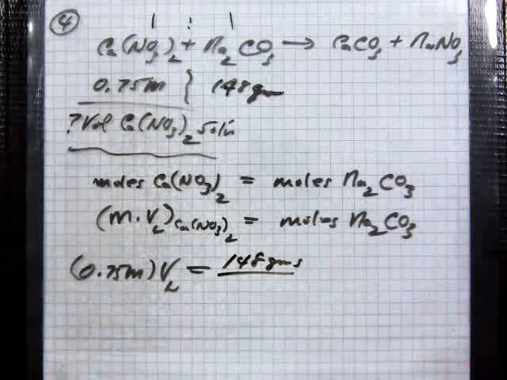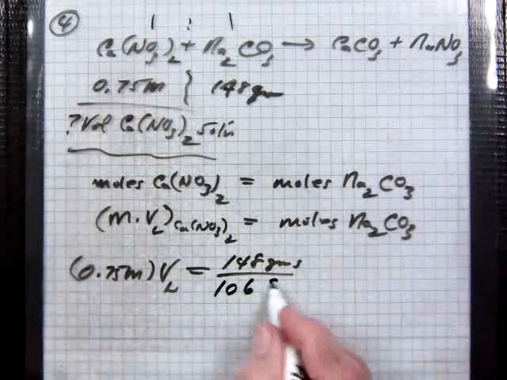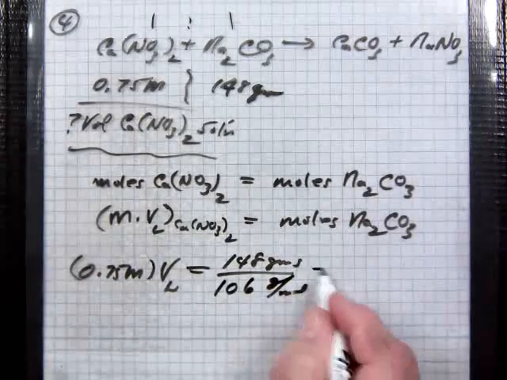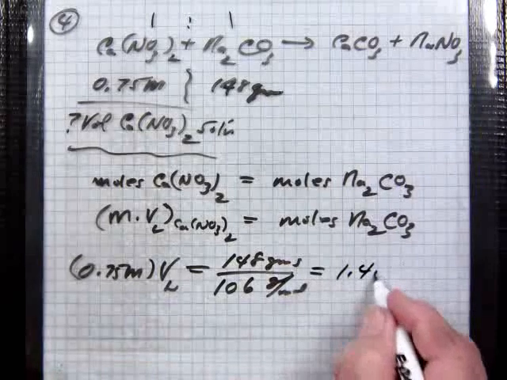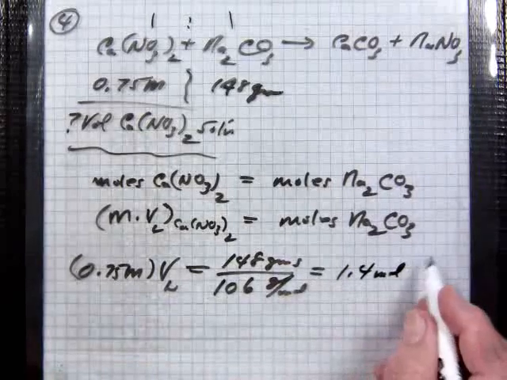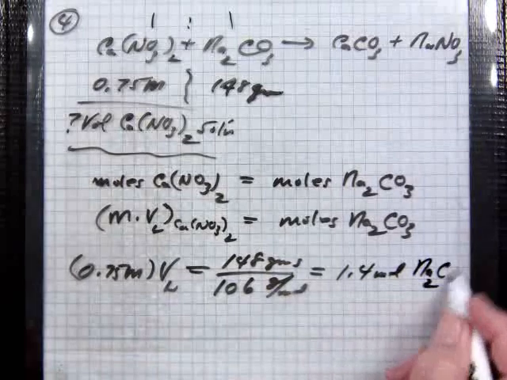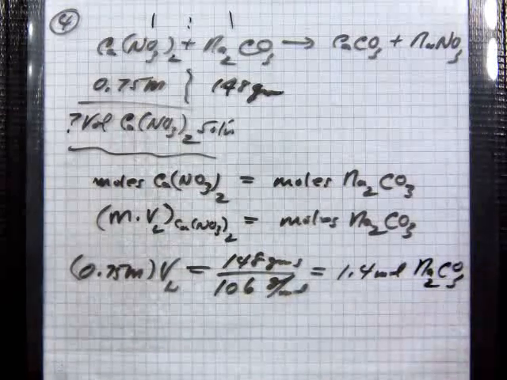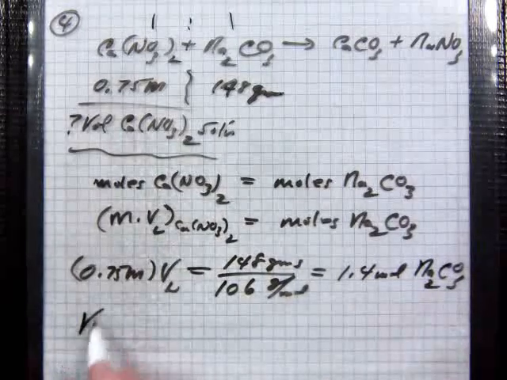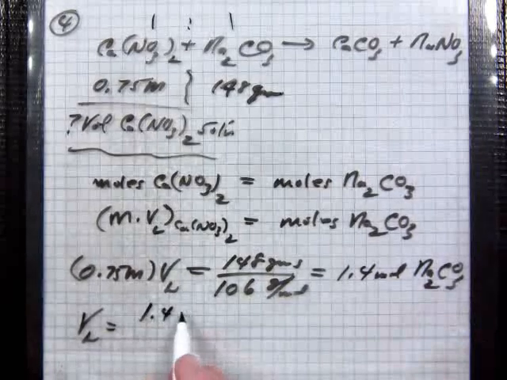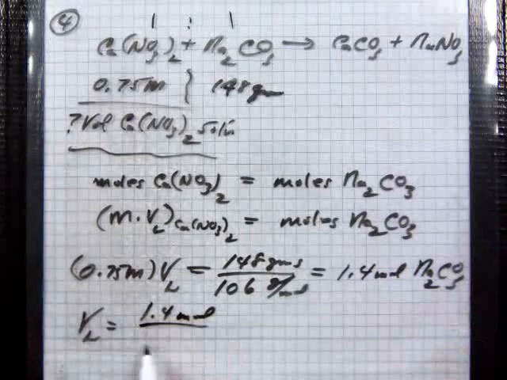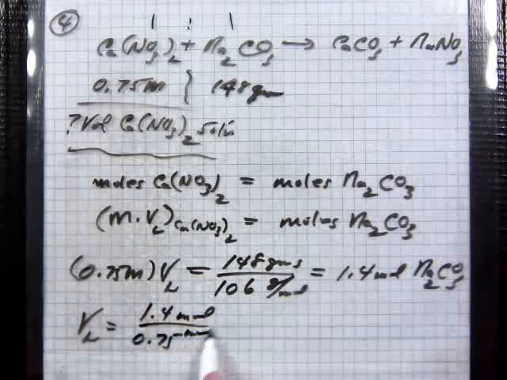And I got 106 grams per mole. And that works out to 1.4 mole of the sodium carbonate. Okay, so solving for volume in liters is 1.4 mole divided by 0.75 mole per liter.